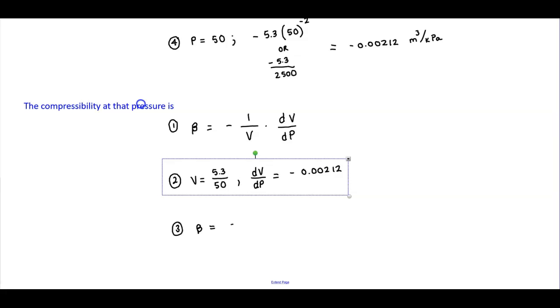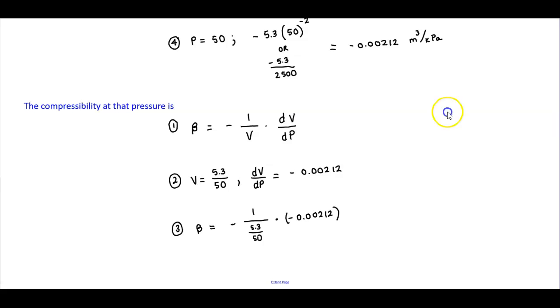So beta is going to equal -1 divided by 5.3 over 50, times negative 0.00212.